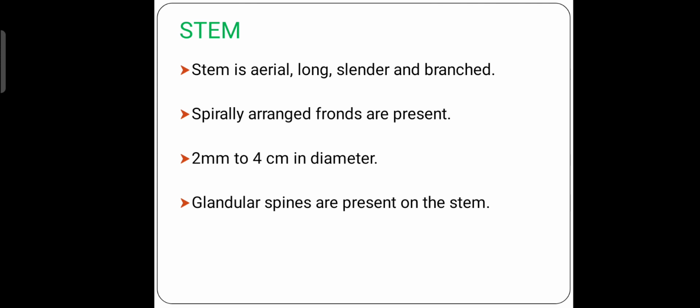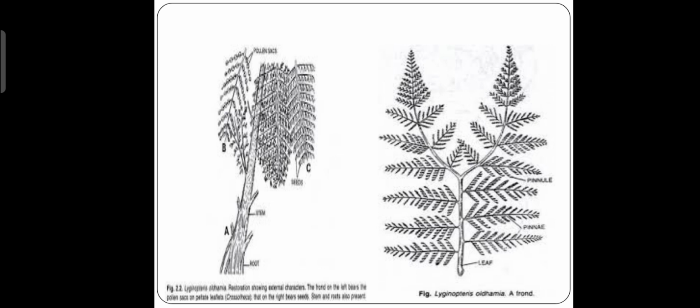The stem is about 2 mm to 4 cm in diameter, and there is presence of glandular spines on the stem. Here in the diagram you can have a look at the reconstruction of this fossil plant, where you can see the stem and root in the left hand side diagram, and in the right hand side diagram a single frond is magnified of the species Lyginopteris oldhamia.